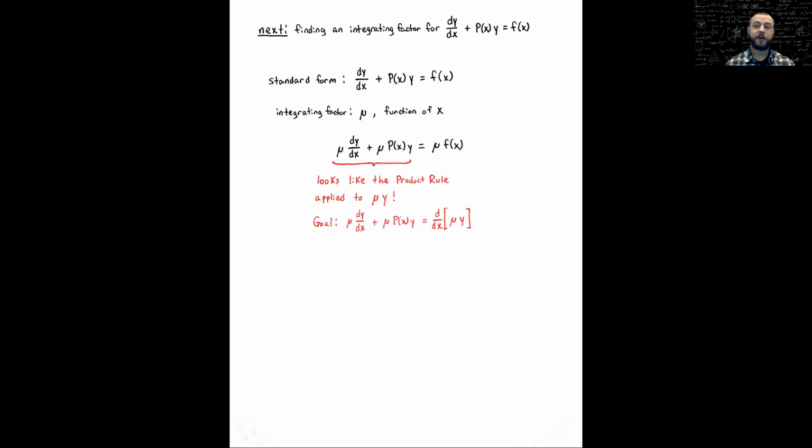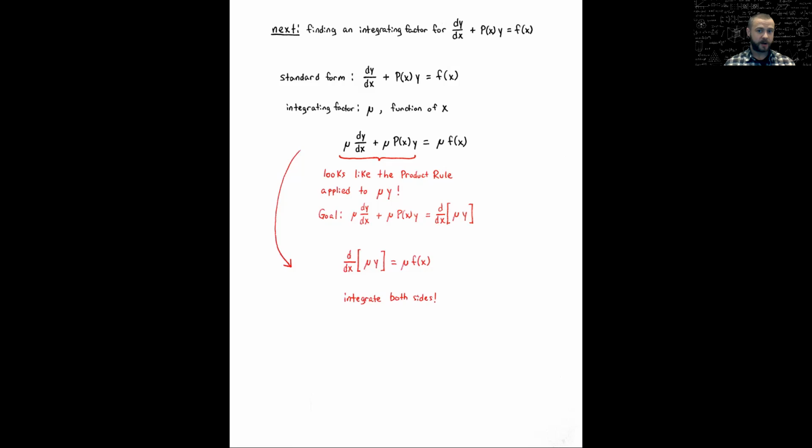What we're going to work through here is how we use this goal to solve for our formula for mu. All right, let's go ahead and calculate, by using the product rule, the derivative on that right-hand side. Remember, mu is only right now a function of x, and so is y.